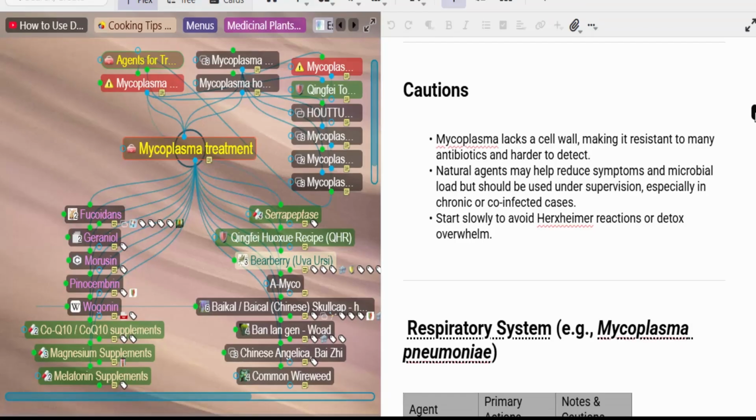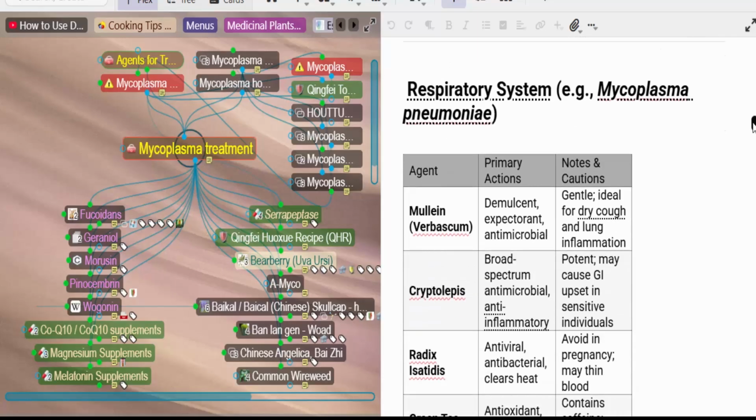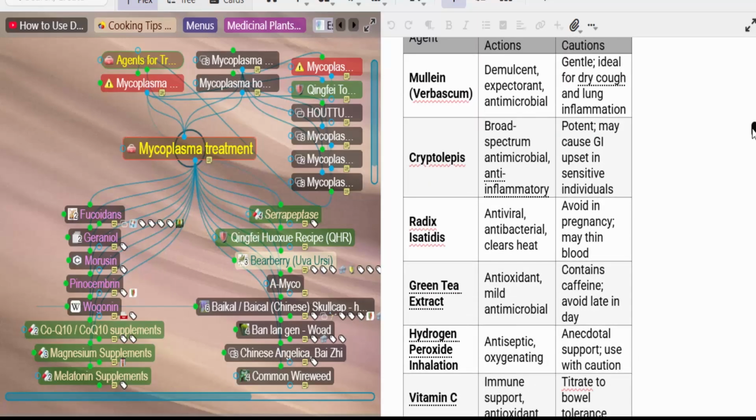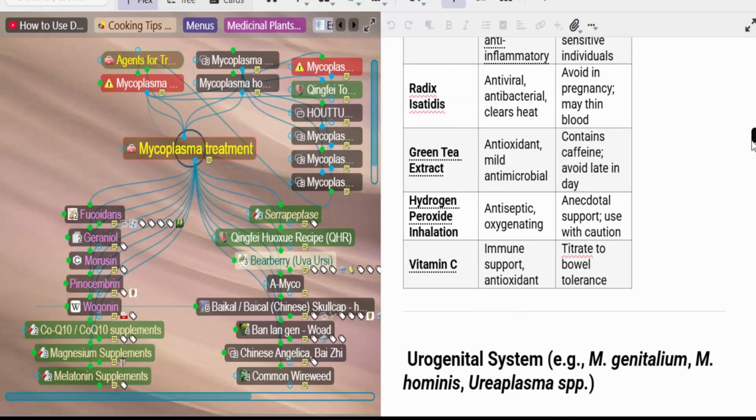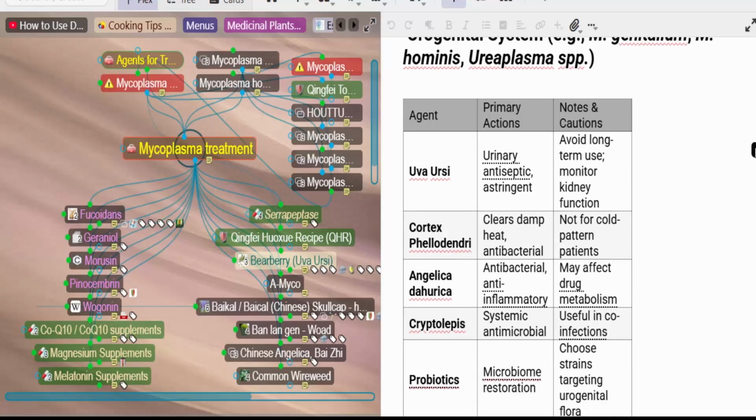Next we have a section on the top agents for different types of Mycoplasma infection. For example, Mycoplasma pneumonia for the respiratory system. The agents, the actions, the cautions, for infections of the urogenital system with the specific species of Mycoplasma that are involved.